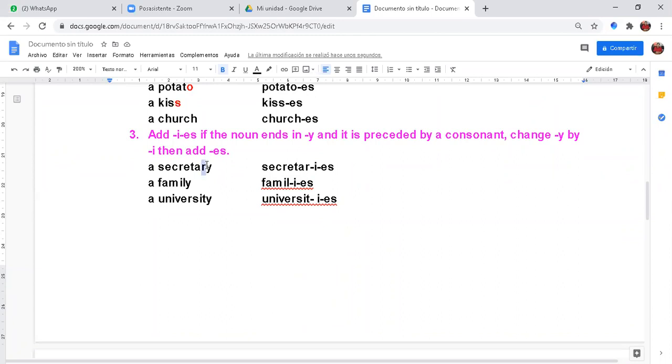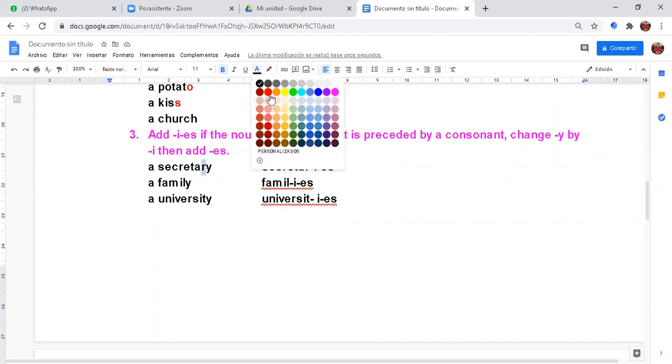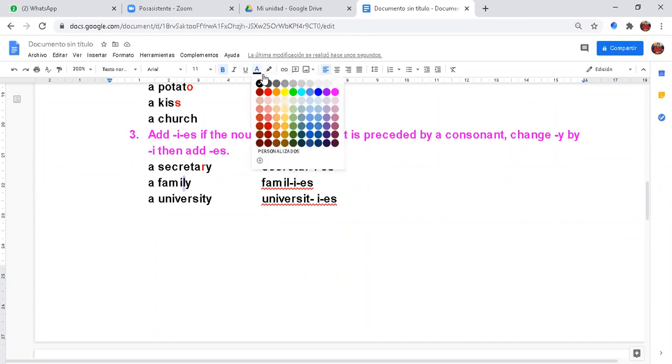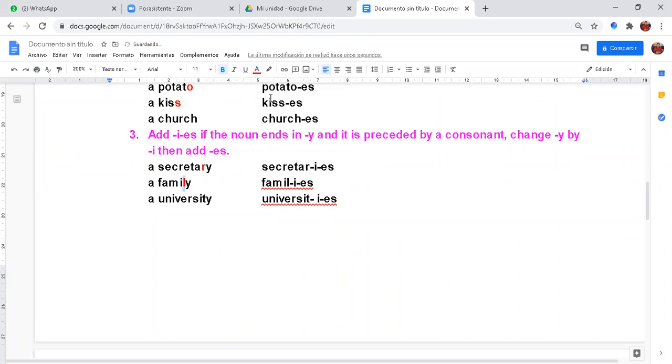Because it is preceded by a consonant, and the consonant is R. Here, Y is preceded by a consonant too, and the consonant is L. This is preceded by a consonant, and the consonant is T. That's the reason we eliminate Y and use I. We change, cambiar, okay?